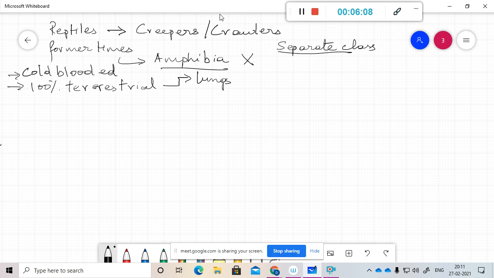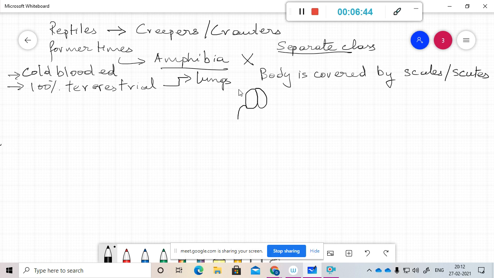This is one of the most important characteristics. And their body is covered by dry scales, scutes. Scutes are, if you look at a turtle, there are regions like this under the shell of a turtle or tortoise.